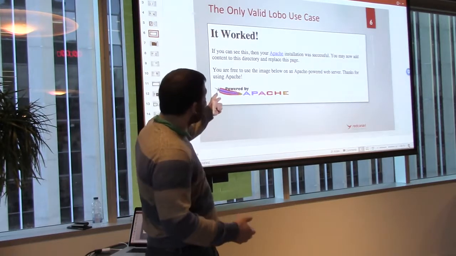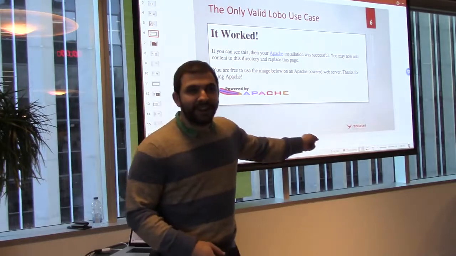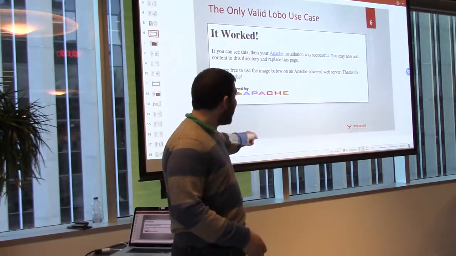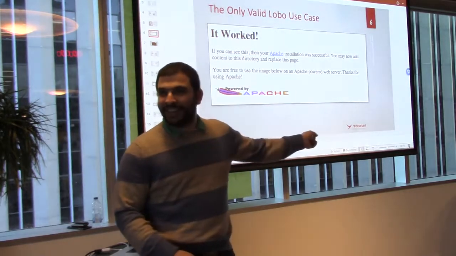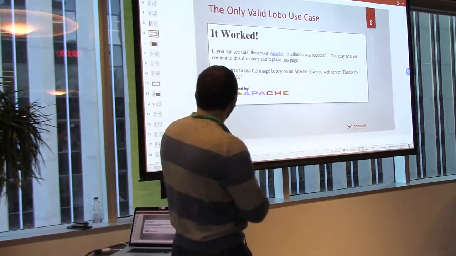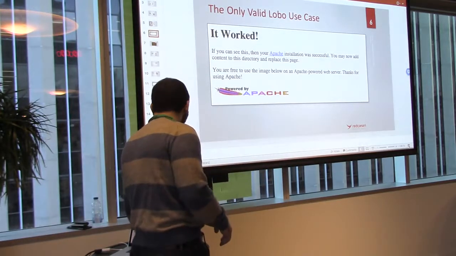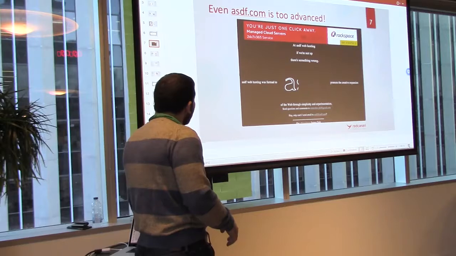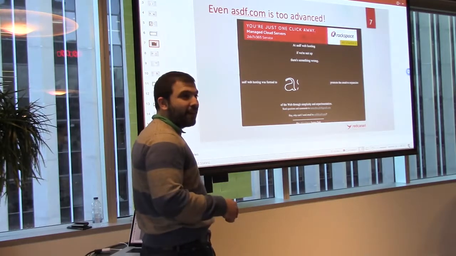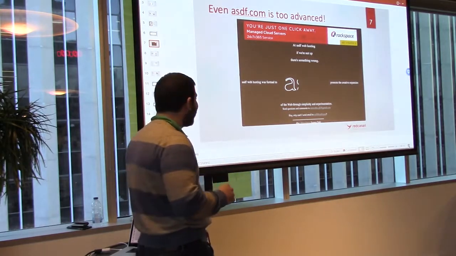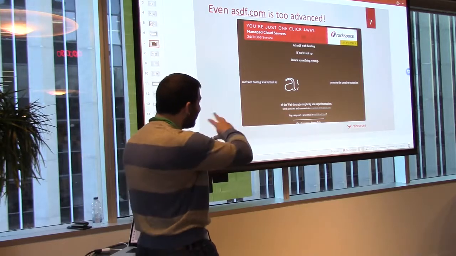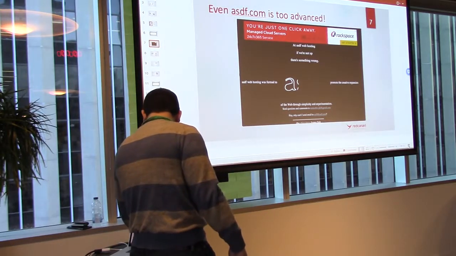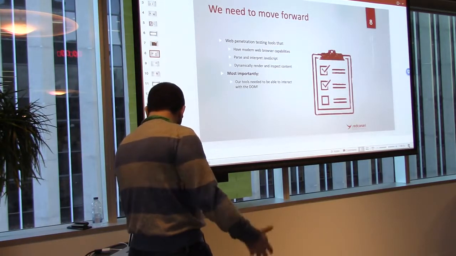In fact, this is the only use case where BurpSuite's Lobo browser tab will actually render the page correctly: this very old Apache ItWork demo page. It can't even render ASDF.com's sophisticated graphics with the animated ASDF going across. So we need to move forward.